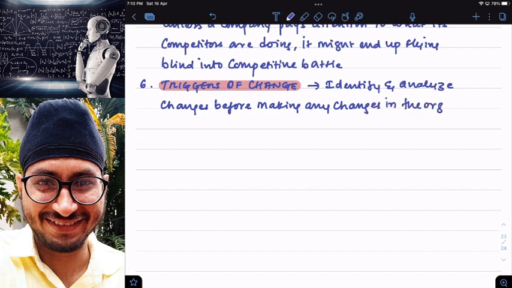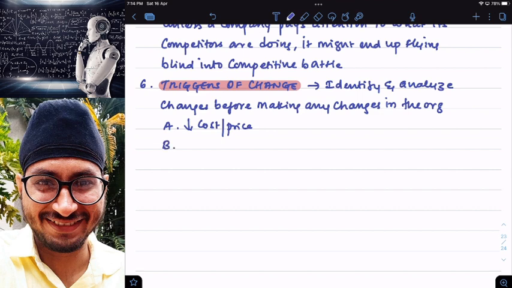Simple. So before making any changes in the organization, first think, analyze, then decide whether you want to make changes or not. Example, decreasing cost or price. I cannot directly reduce the price, right? I need to identify why I need to reduce price, how to reduce price, where to cut the price. All this analysis is required, right?